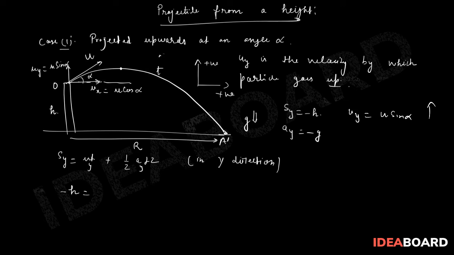So minus h is equal to u sin alpha into t plus half ay, which is minus g, into t square, right?